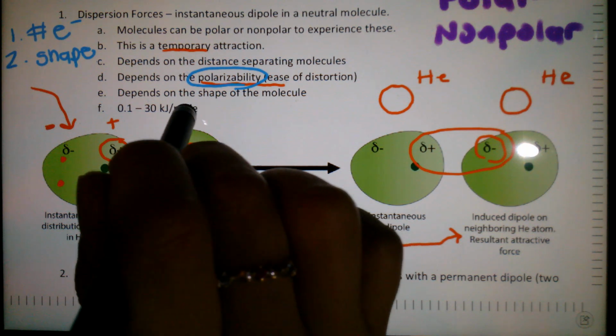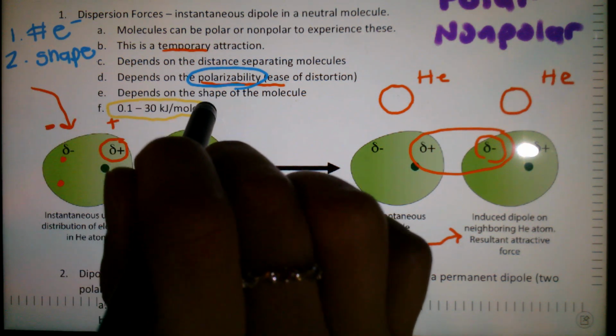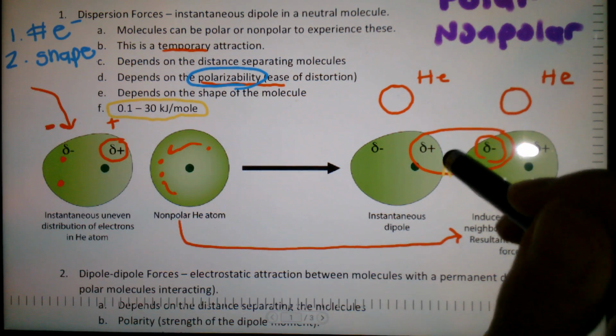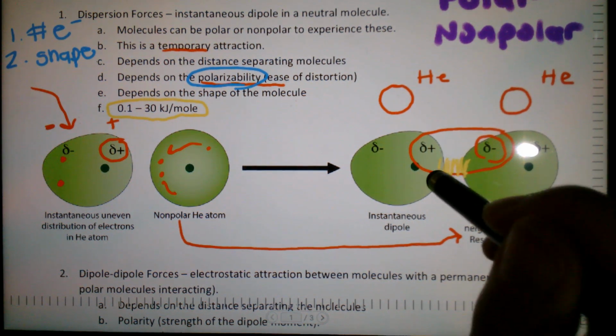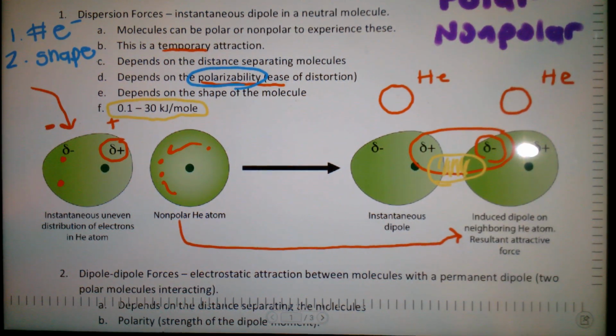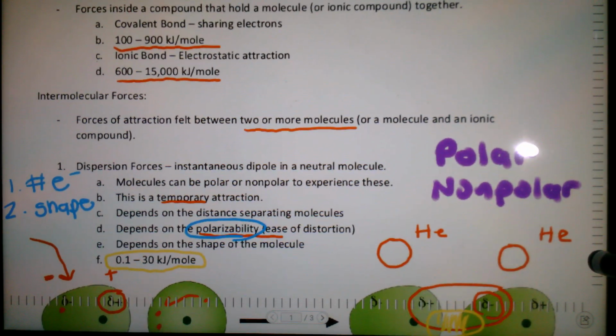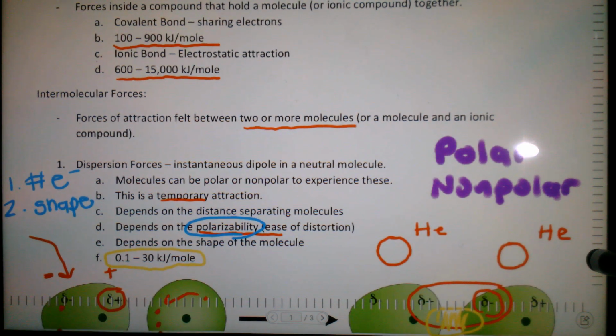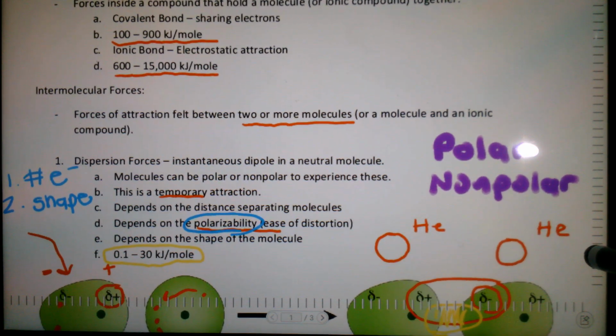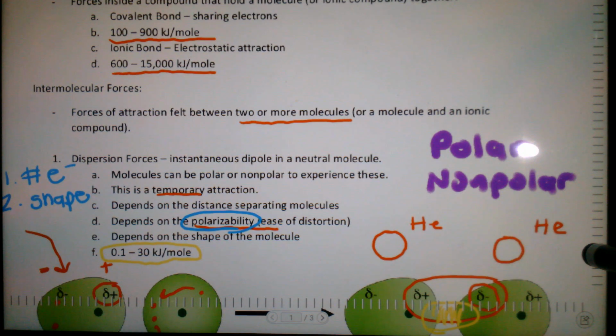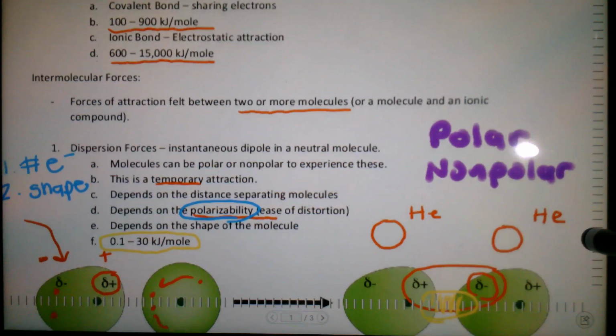So what sort of energy are we talking about here? Dispersion forces are held together by that force of attraction, that dispersion force. That force that would hold those two together ranges from about 0.1 to 30 kilojoules per mole. For reference, for covalent bonds it's hundreds of kilojoules per mole, and for ionic bonds, hundreds up into thousands and tens of thousands of kilojoules per mole.